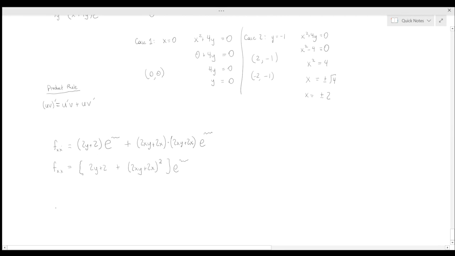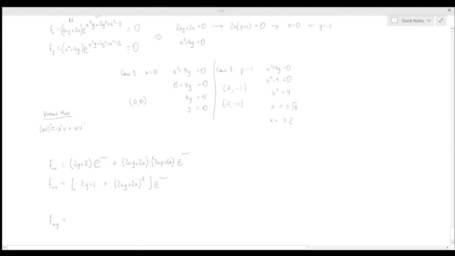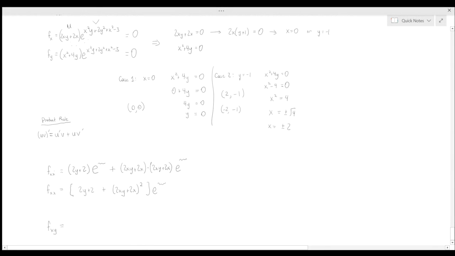So let's take a look at, I'll do fxy next. Okay, so I'll go to fx, and I'm going to do the derivative of fx, but now with respect to y to get fxy. So it's another product.